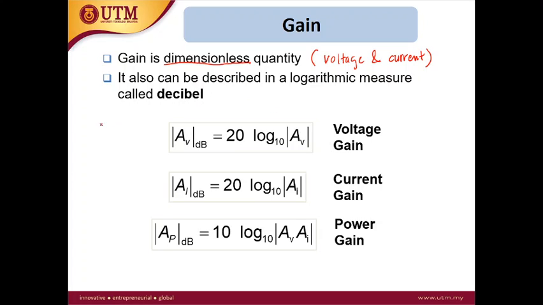So if the gain is, for example, 10, it means that the output is being amplified 10 times. There's no unit.